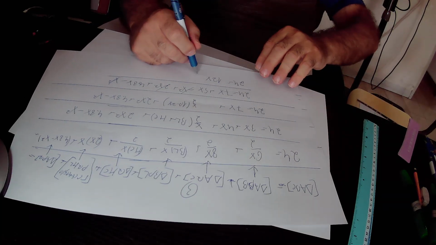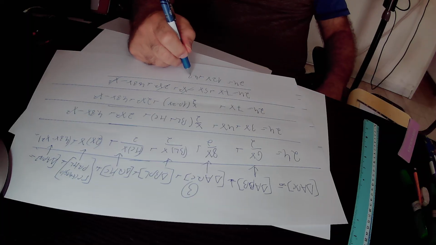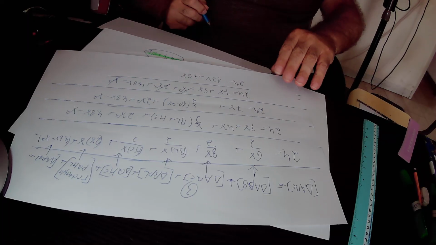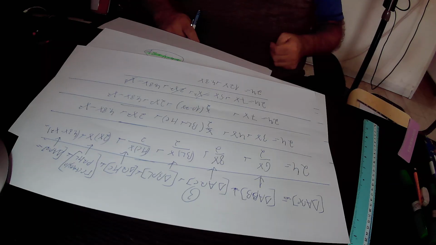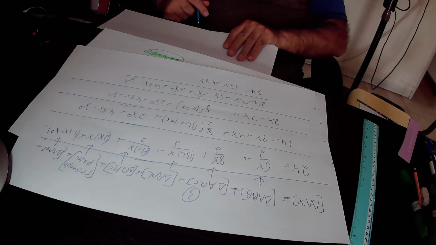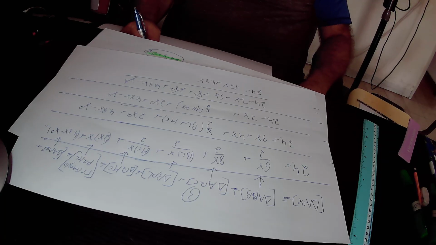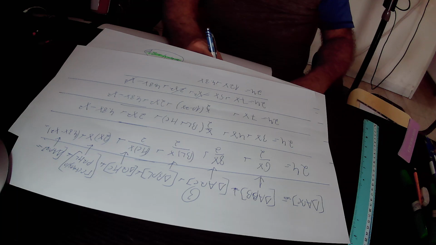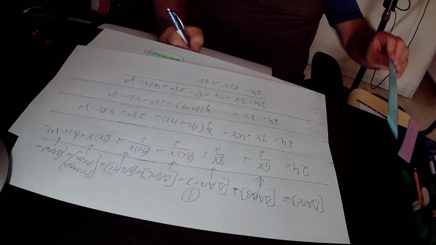That is 12x plus 4.8x. 12x plus 4.8x equals 16.8x. In total, we found that 24 equals 16.8x.